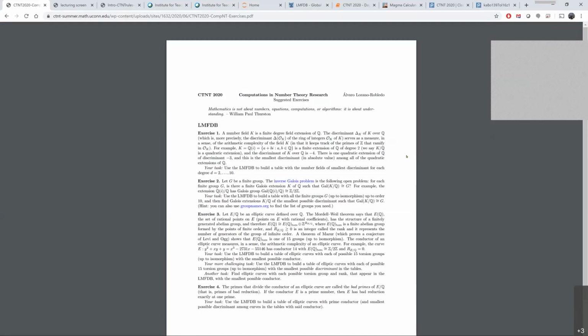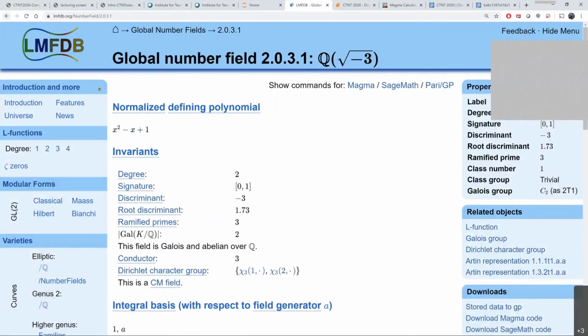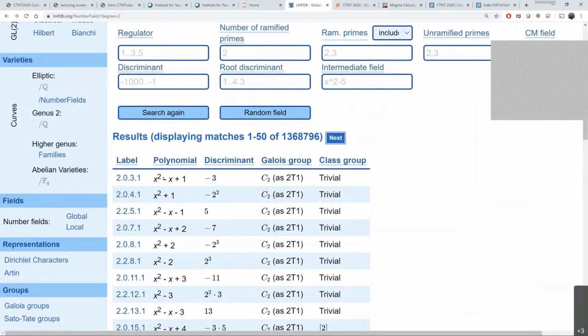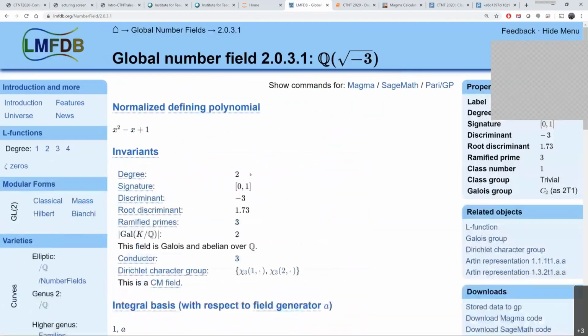For example, the first exercise asks to build a table of number fields with the smallest discriminant in each degree. What we saw is that when I looked at number fields of degree 2, the one with the smallest discriminant is this number field right here, which you can call by a root of this polynomial, or simply Q adjoin the square root of -3.